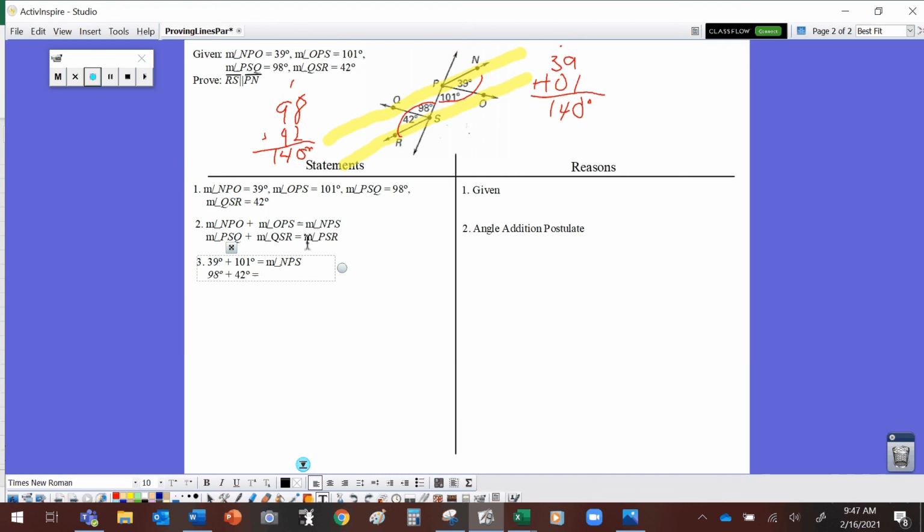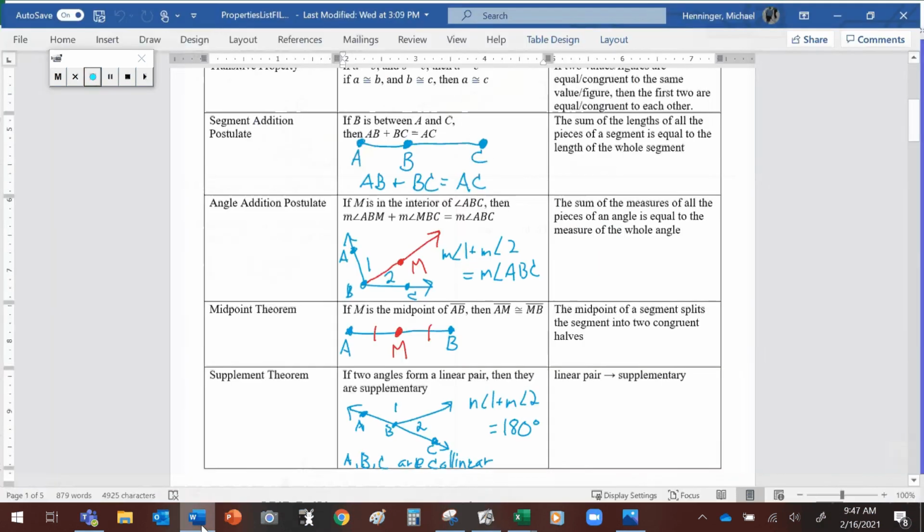But let's keep it equal to the measure of angle PSR. Now what we need is a property that says that we can do that. Well, what property says that we can replace one piece with an equivalent piece? Take a look at our list of properties, or maybe we know off the top of our head, but we can always take a look if we need to.